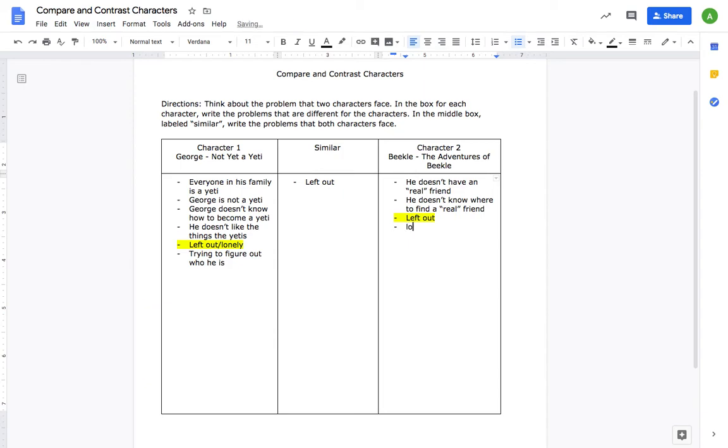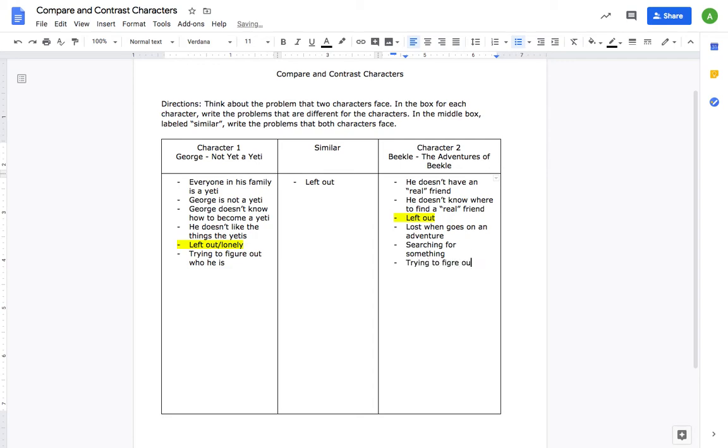Let's keep going and see if we can think about any other problems that Beakley has. He kind of is lost when he goes on an adventure. And then if we think about it, at the end of the story, he's still kind of searching for something, which is a friend or a way to find a friend. And he's trying to figure out how he can make friends.